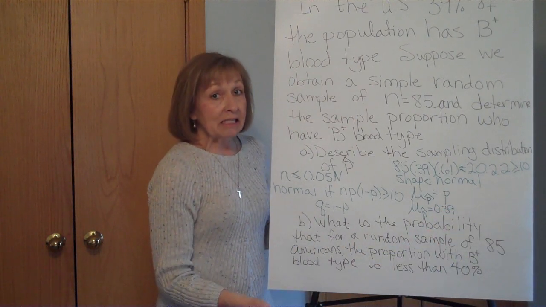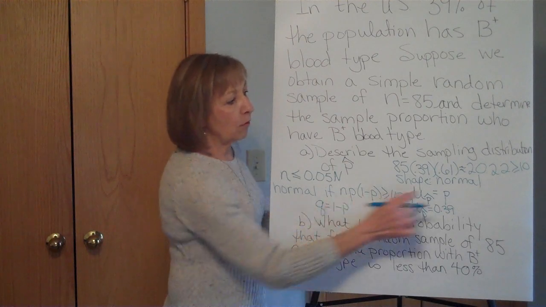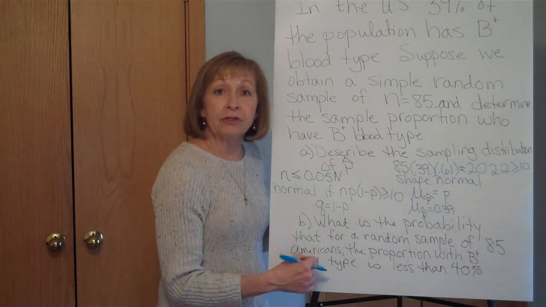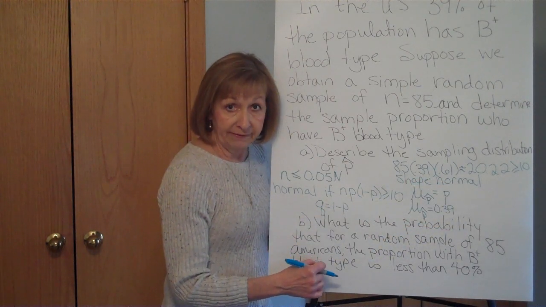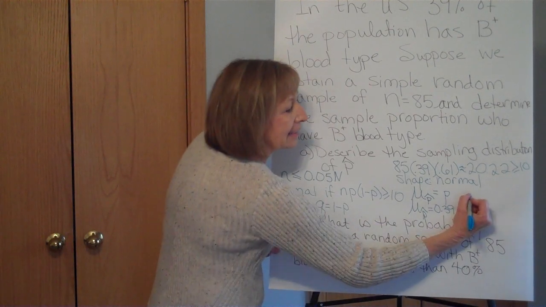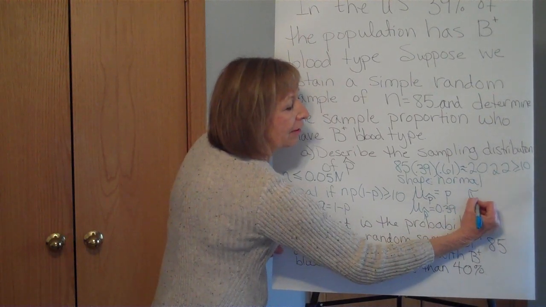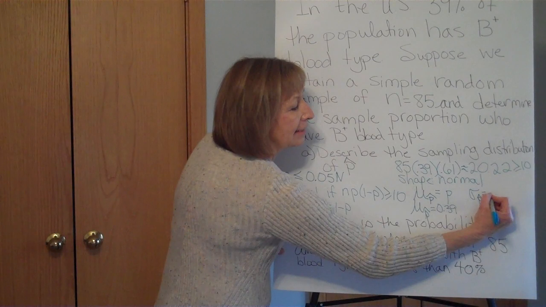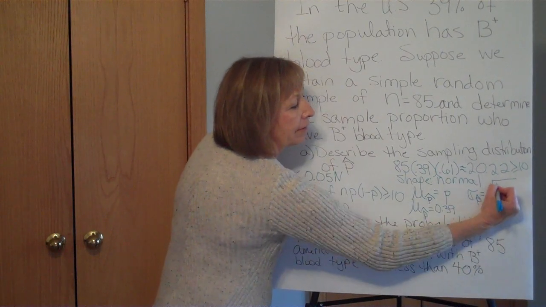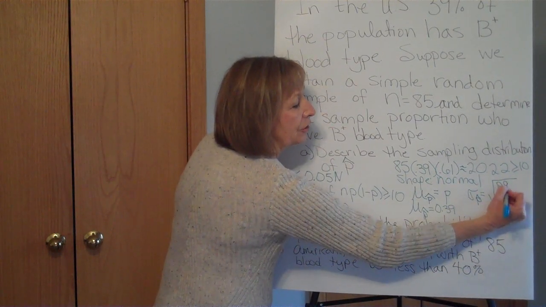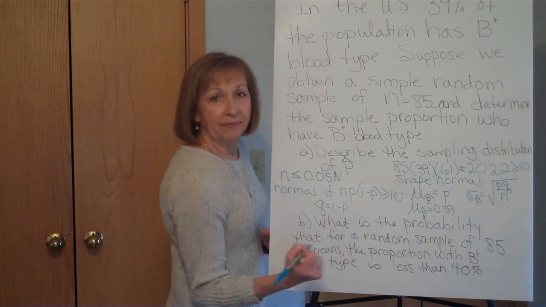And then the last thing is the spread. The spread for a normal distribution, a good measure to use for that, is the standard deviation. And the standard deviation of the p-hats is the square root of p times q divided by n.